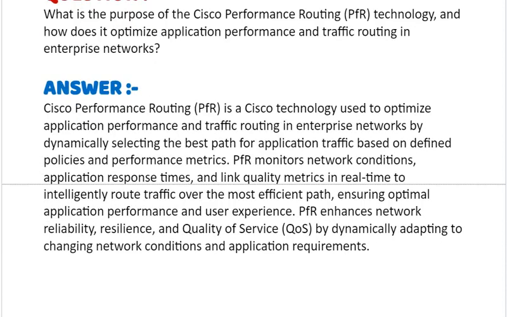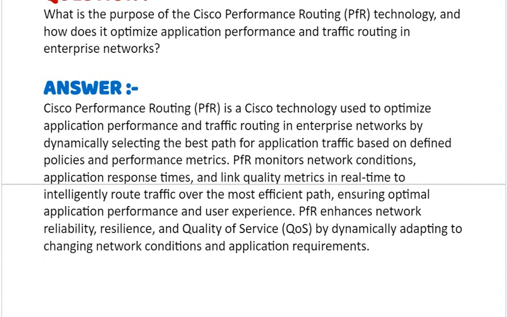Your answer should be: Cisco Performance Routing (PfR) is a Cisco technology used to optimize application performance and traffic routing in enterprise networks by dynamically selecting the best path for application traffic based on defined policies and performance metrics.